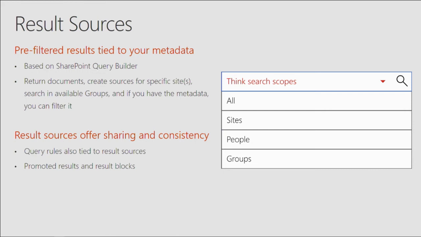What result sources allow you to do is pre-filter the content, pre-filter what's in the index, based on a specific query that is based on the query builder itself. The classic query builder we've had since 2013 is still available in SharePoint Online. And you can use that query builder to build any kind of valid query. Say that you want a query that says, just get me this type of content type, just get me documents, just get me whatever that may be.